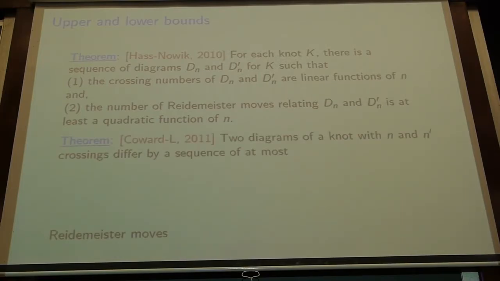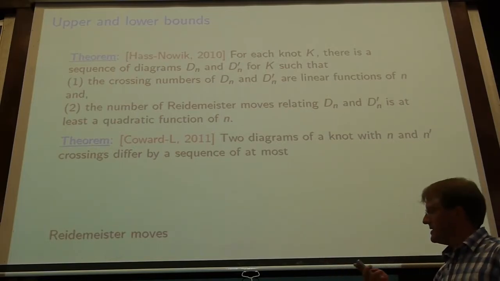Well, there's a theorem due to myself and Alex Coward, where we give an explicit but fiendishly large upper bound. We proved that two diagrams of a knot with n and n prime crossings differ by a sequence of at most this many Reidemeister moves.